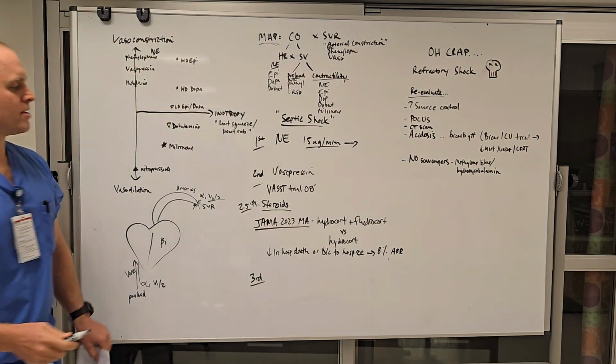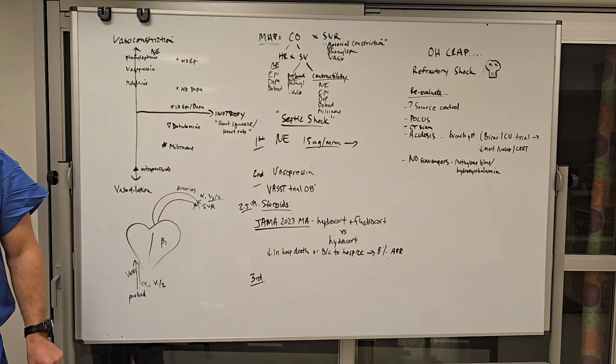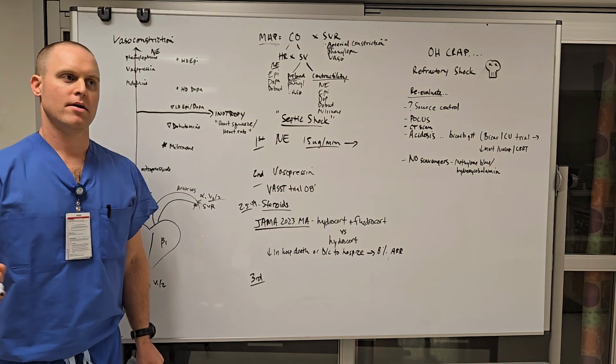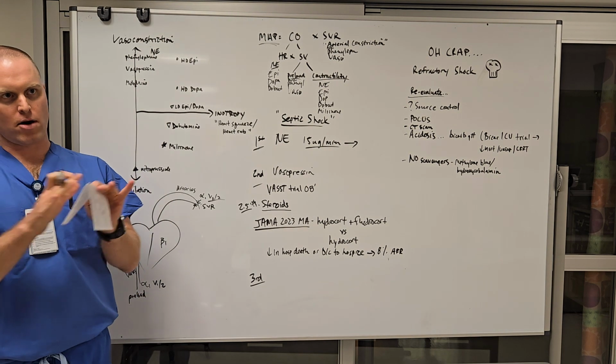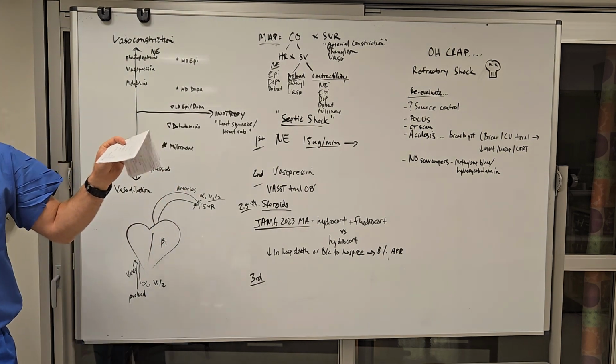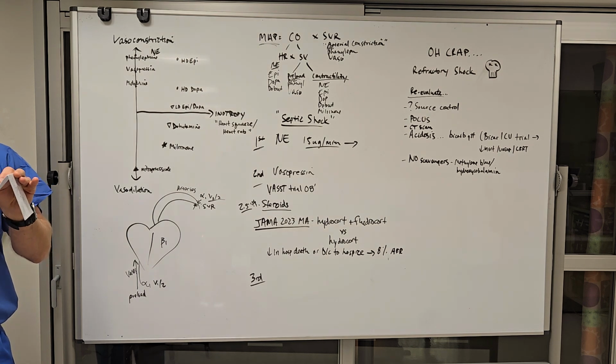So there was this VAST trial done in 2008, and it looked at people in septic shock on norepinephrine. They took a group and transitioned them at a range of norepinephrine doses, but at 5 micrograms, when they transitioned and added vasopressin, there was a trend towards improved mortality.